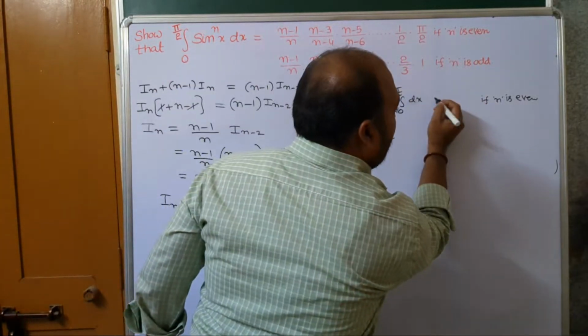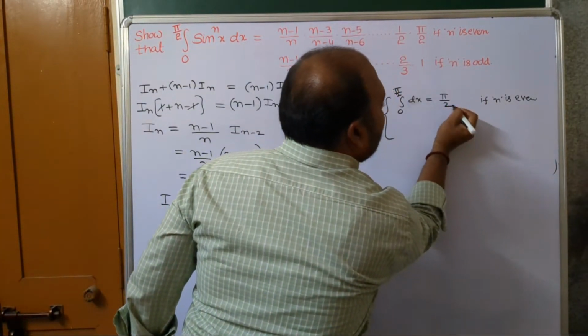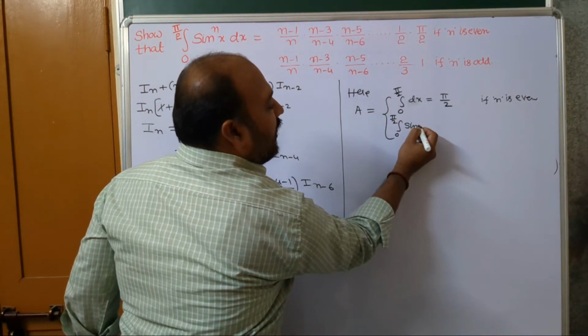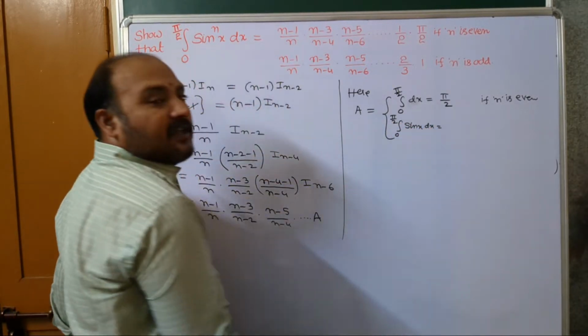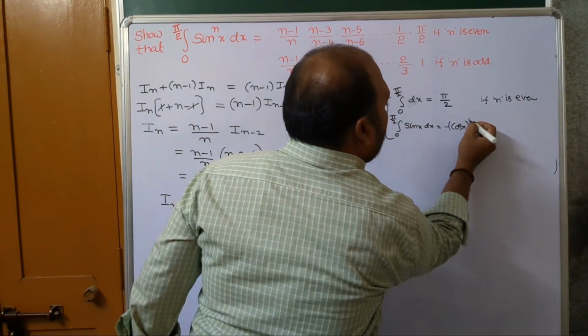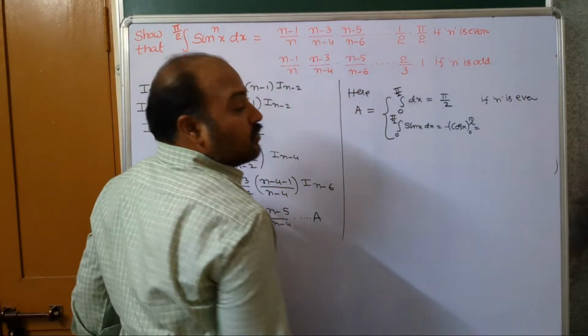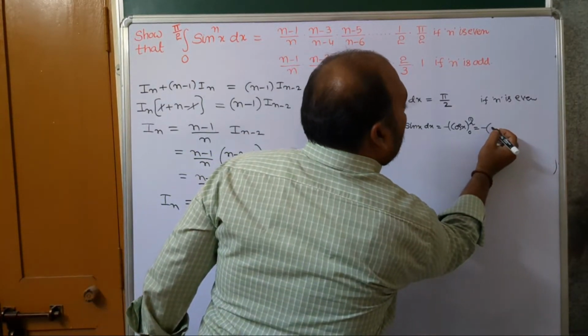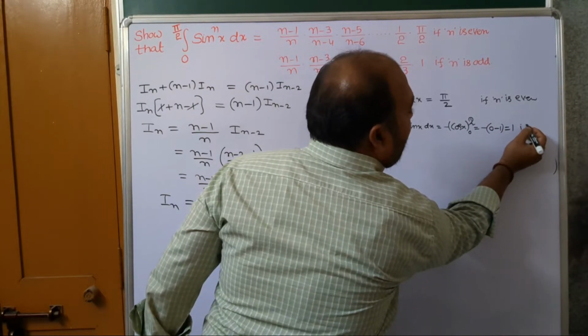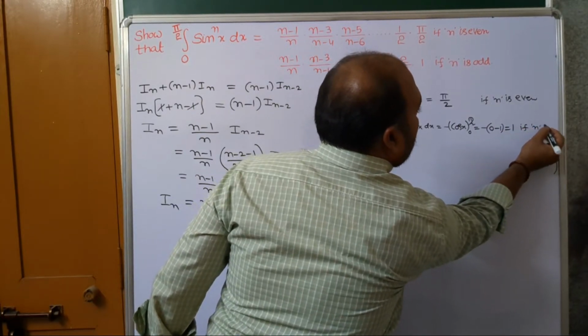Applying the limit 0 to pi by 2, you will get pi by 2. Next, integral 0 to pi by 2, sin power 1 x. Integral sin x is minus cos x. Applying the limit 0 to pi by 2: minus cos pi by 2, which is 0, minus cos 0, which is 1. So 1. That is when n is an odd number.